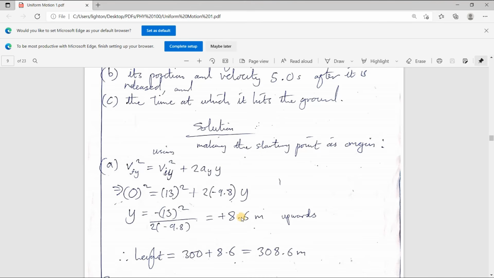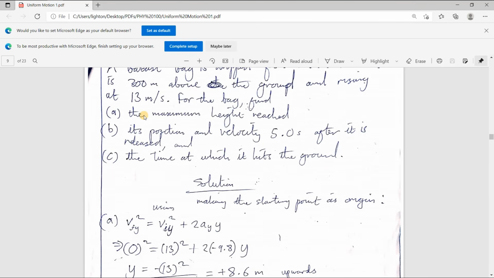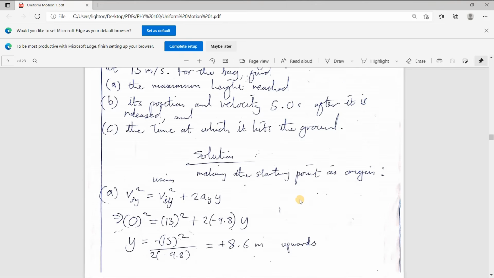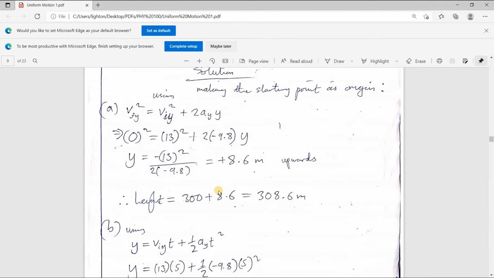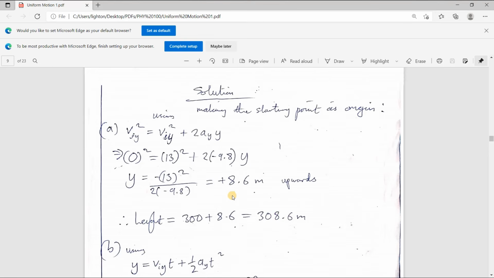So we must add 8.6 plus 300 to get the actual height. Hence the maximum height reached is 300 plus 8.6, which is 308.6 meters.